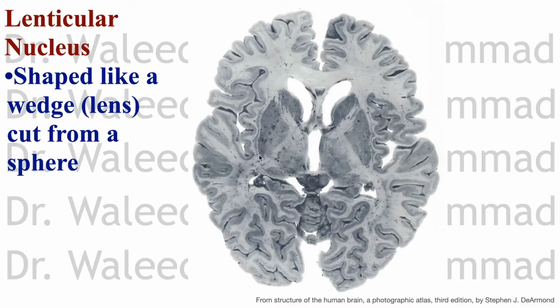This is the putamen, and this pale part is called the globus pallidus. Of course, this white matter between it and the caudate anteriorly and between it and the thalamus posteriorly is the internal capsule. Okay?